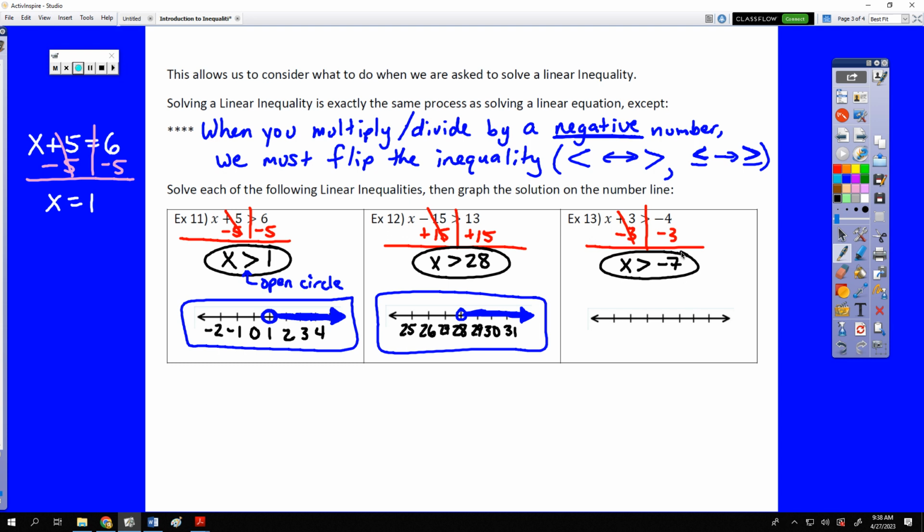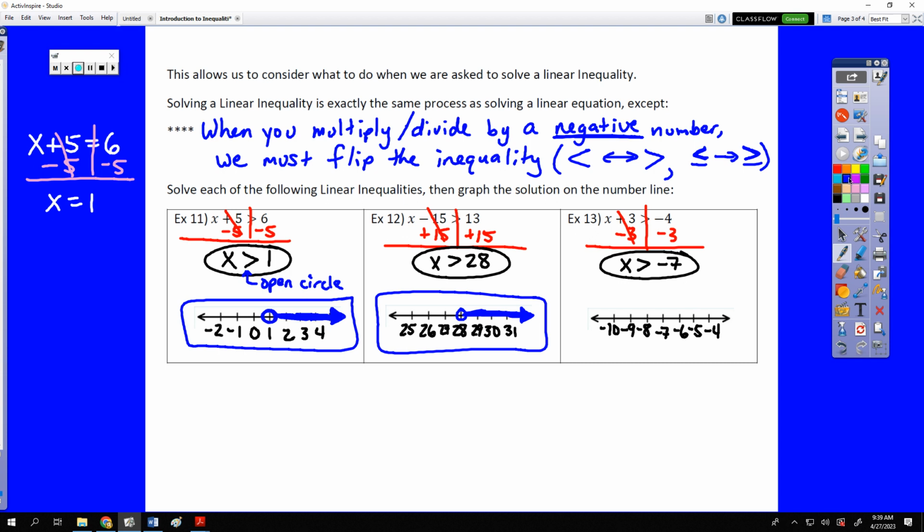Okay? So we put -7 in the middle. A couple numbers that are bigger than that would be -6, -5, -4. Okay, a couple numbers that are smaller, -8, -9, -10. Okay, then we go to the graphing part. Open or closed? Open.